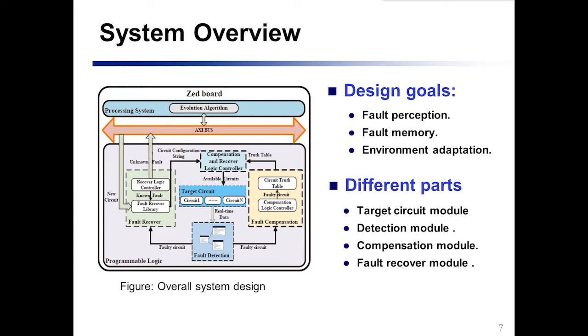These circuits are divided into modules according to their functions in the design stage to facilitate detection and recovery. The target circuit module runs on the FPGA, which needs to be detected and recovered when a fault occurs.